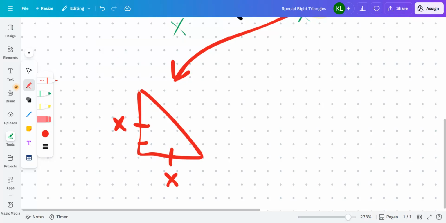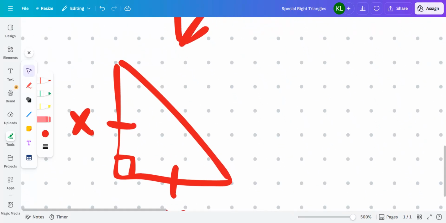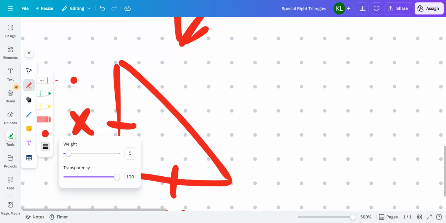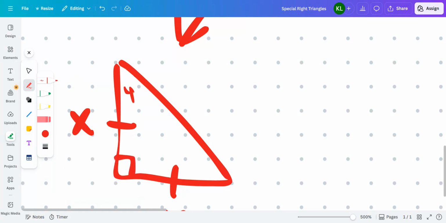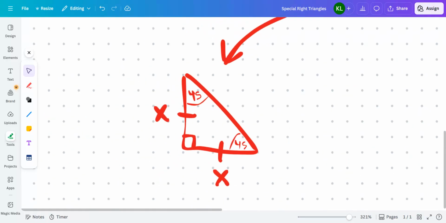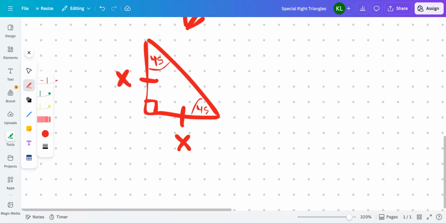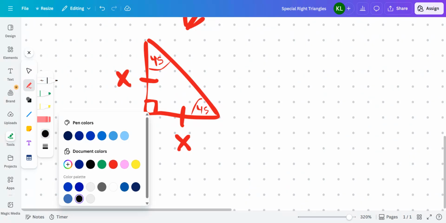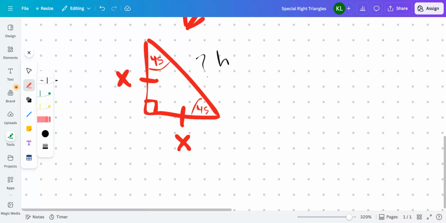We know that this angle on the bottom left-hand side of the screen is a 90-degree angle. We know that this angle up here is 45 degrees, and this angle down here is 45 degrees. So this is actually an isosceles triangle because we have our two sides congruent and those two base angles congruent. But anyhow, let's go ahead and do some math to figure out the measure of this hypotenuse.